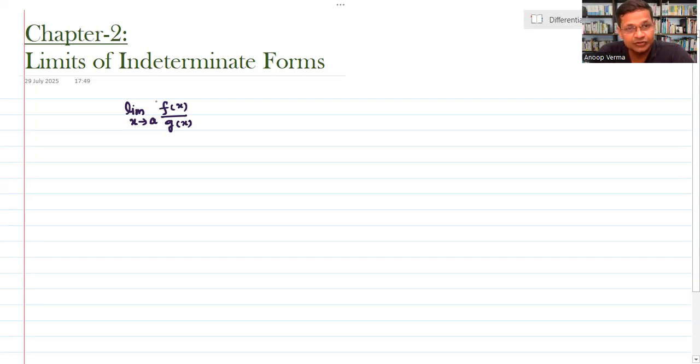If you are going to calculate the limit of this, this limit exists if we have the limit as x tends to a of f(x), and you have the limit as x tends to a of g(x), and this RHS exists.